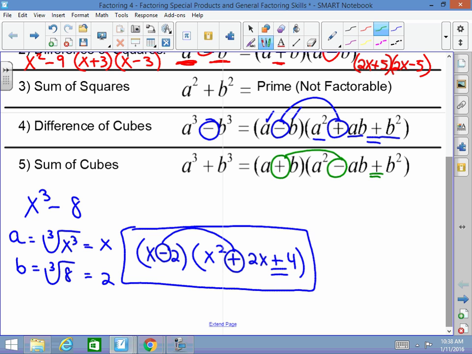I was once told a little acronym for this. It's called SCHMS. Square, change sign, multiply, square.